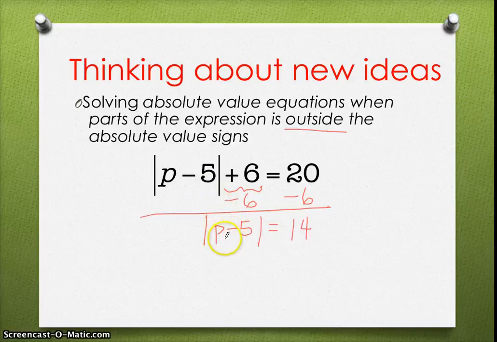So what this problem is asking us is, what value of p will give us a quantity that is 14 units away from 0, or an absolute value that is 14? Well, we know that if p minus 5 equals 14, then we're going to have a distance of 14.